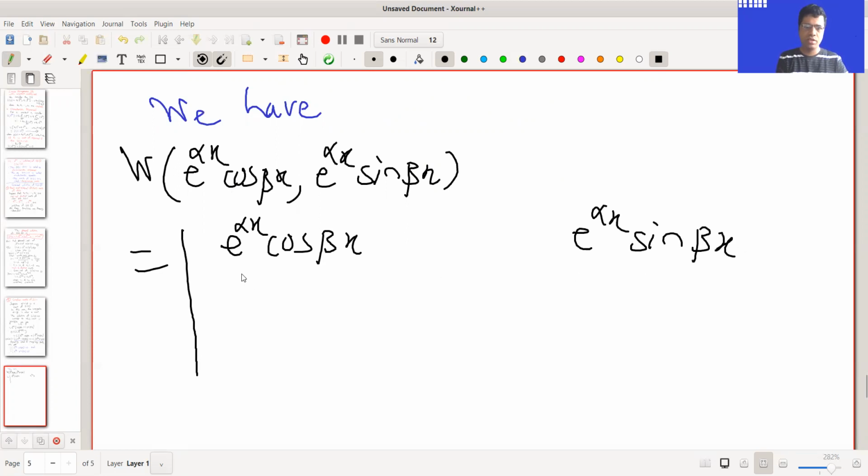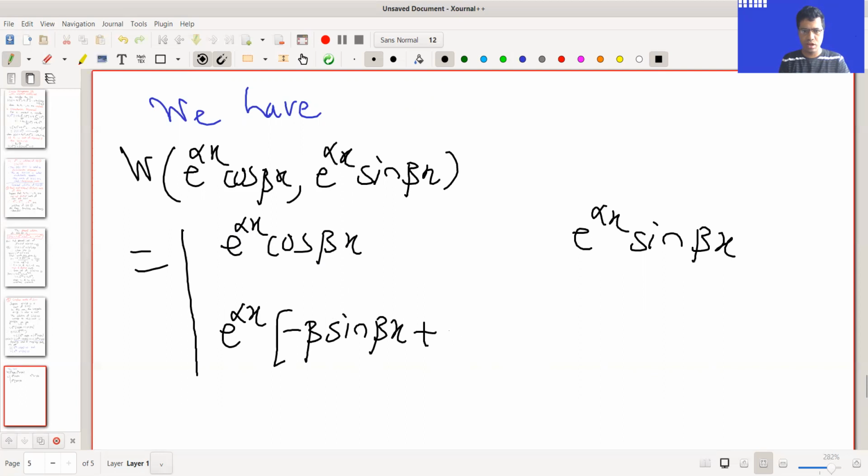Second row is the derivatives of these functions. So differentiation with respect to x, e raised to alpha x into the differentiation of cos beta x, it is minus sin beta x into beta. So minus beta sin beta x plus cos beta x into the derivative of e raised to alpha x, it is alpha e raised to alpha x. So we take e raised to alpha x common.